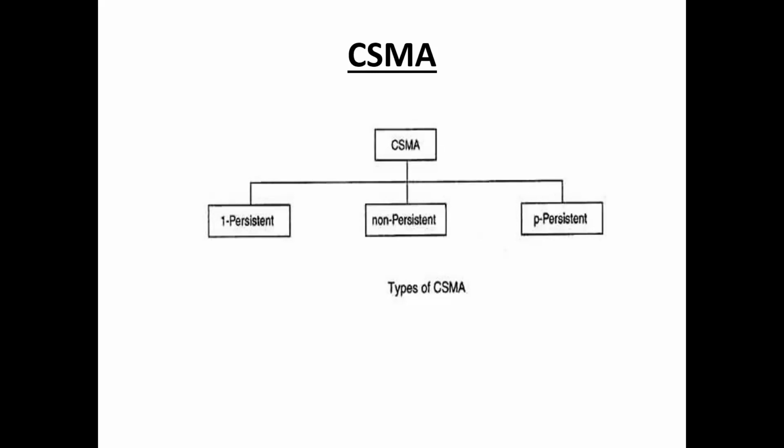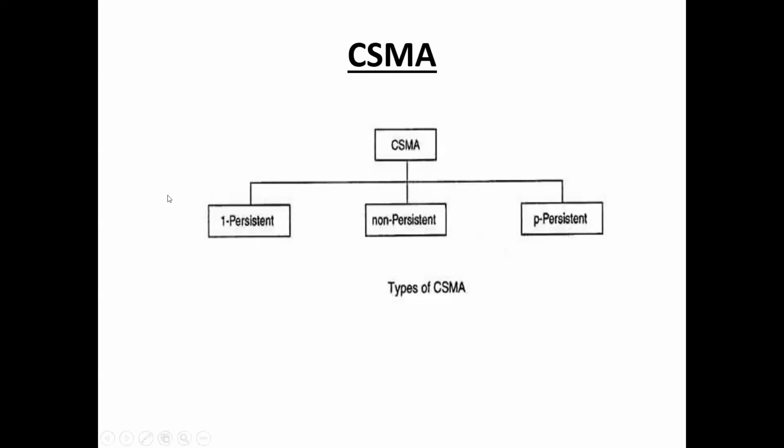That means the station senses the carrier, which is nothing but the channel, before transmitting a frame. The station checks the state of the channel, whether it is idle or busy.